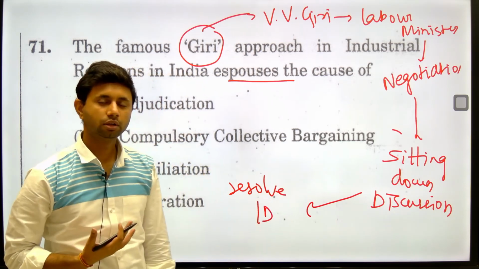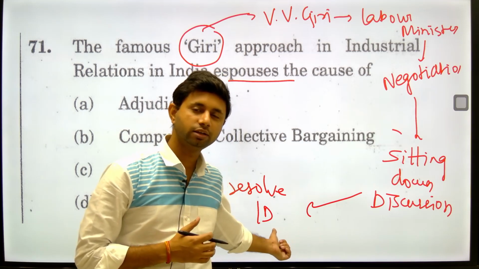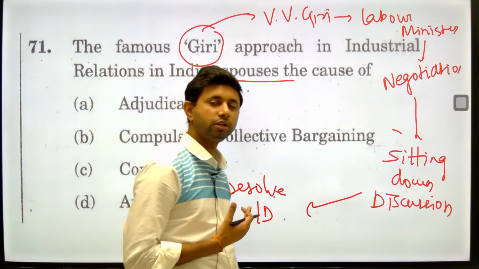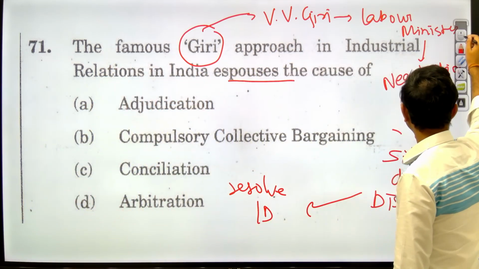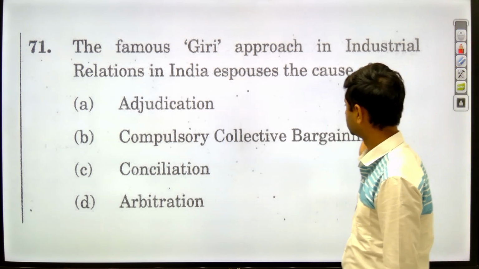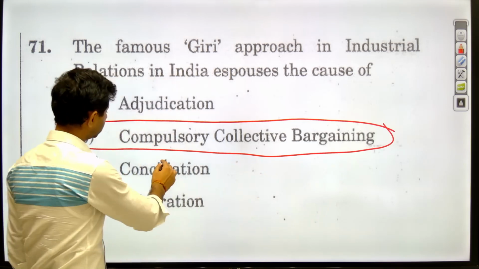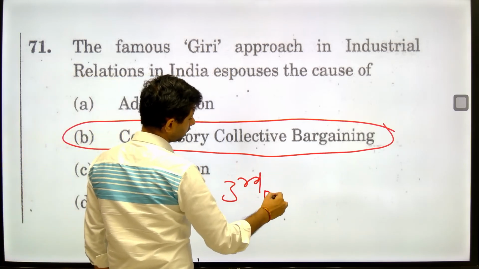So he favored that employer and employees must sit together and resolve disputes before going to other authorities and other organizations in order to settle those disputes. So obviously this is talking about compulsory collective bargaining, because all other things involve a third person. Okay.